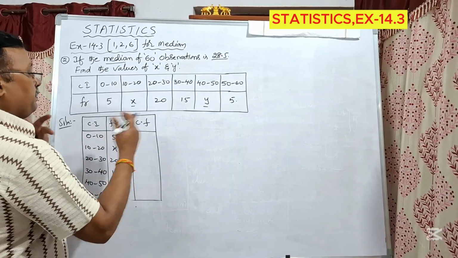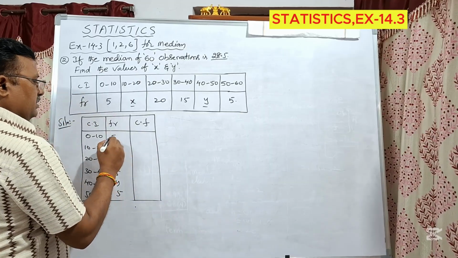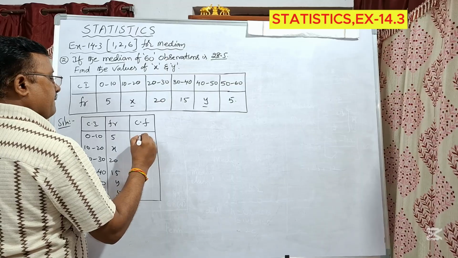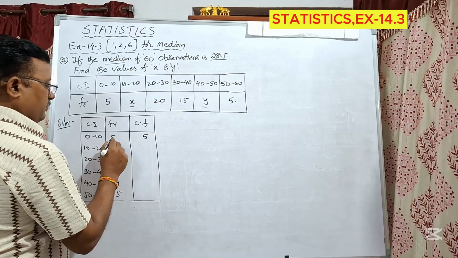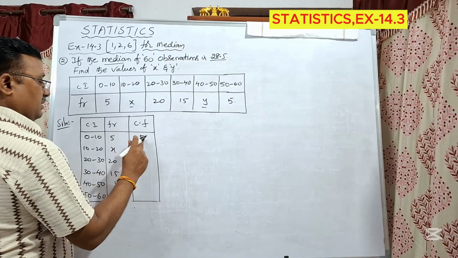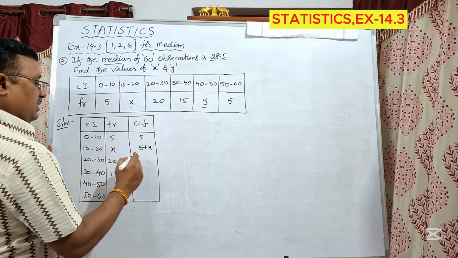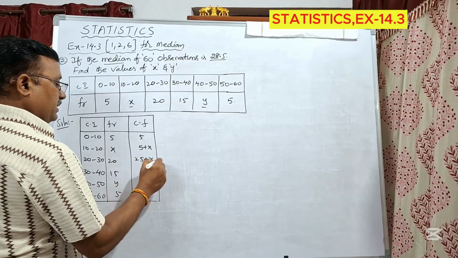Now prepare the cumulative frequency for finding the median. What is the cumulative frequency? First one, 5. Next one, 5 plus x. Then 5 plus x plus 20, that is 25 plus x.